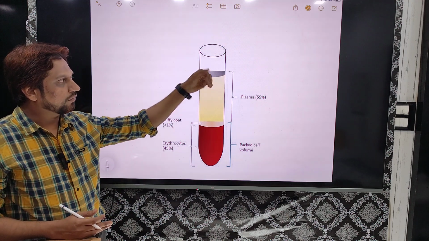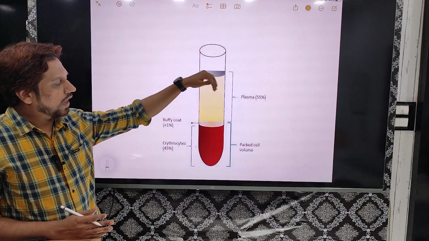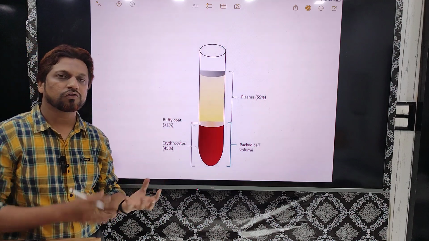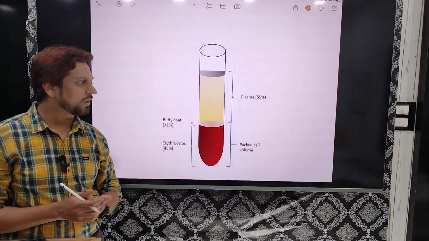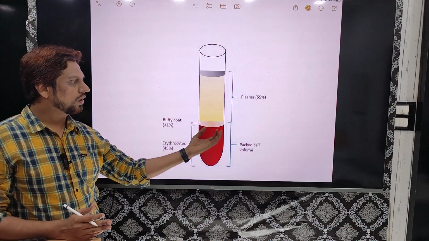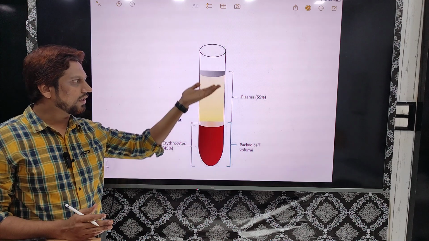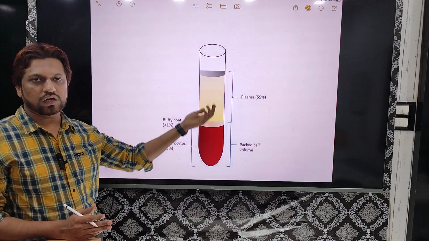So we add some anticoagulants like oxalate or EDTA. If we allow the anticoagulated blood in a test tube to stand for 30 minutes or simply centrifuge it at a speed of 3000 RPM, then what we see in the test tube is the solid portion, that is the cells, will settle down, and the liquid part, that is the plasma, will be above the cellular components.